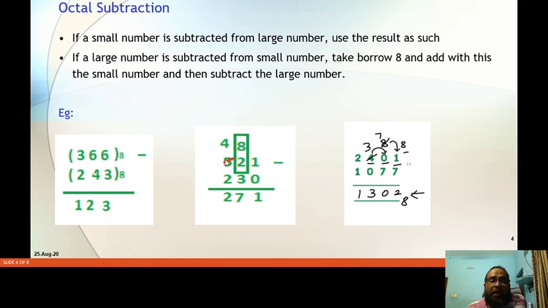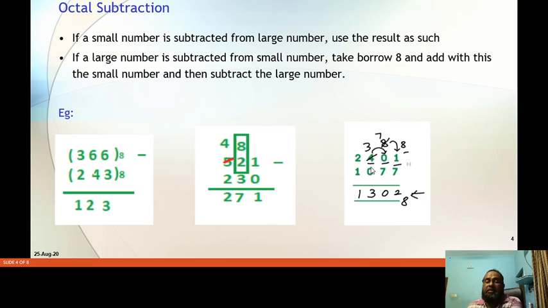Since it has given a borrow, this number becomes 5 minus 1, that is 4, and here the number becomes 8. You have to add these two: 8 plus 2 is 10. 10 minus 3 is 7. 5 has become 4. 4 minus 2 is 2. That is 271, the answer.